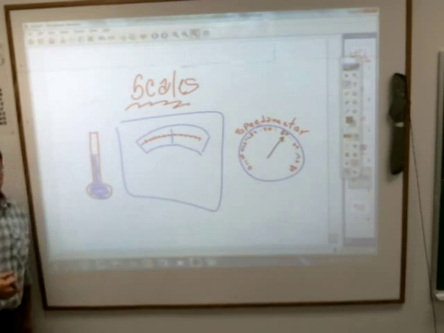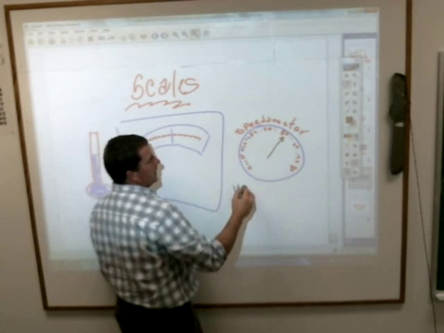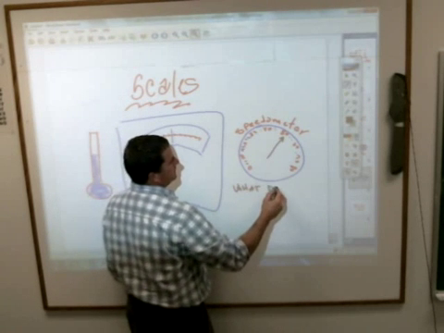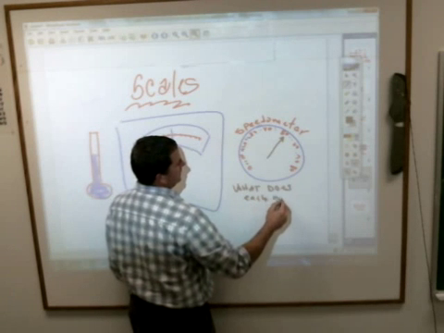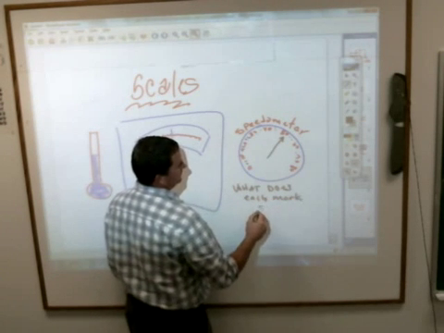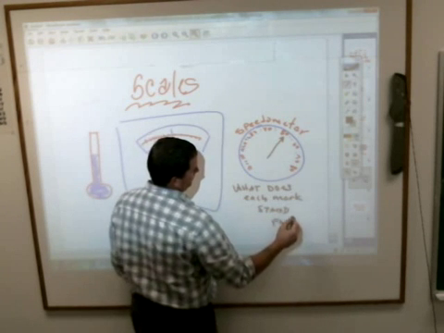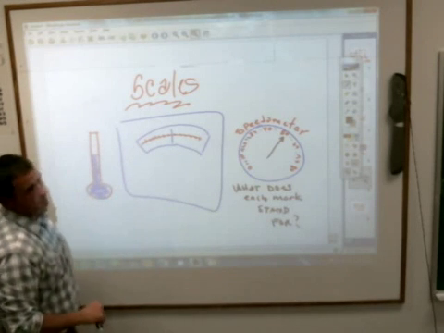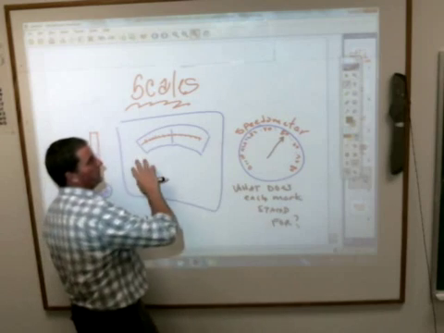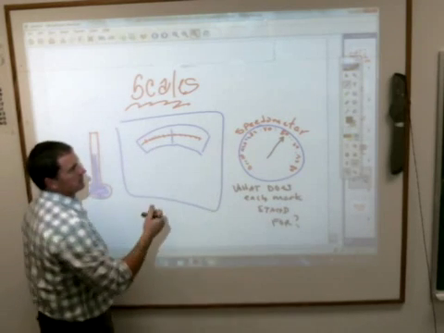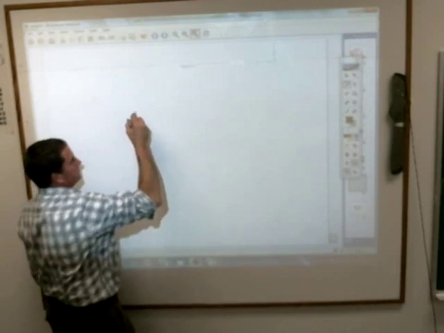When you look at scales, the first thing that should pop in your mind, I'll tell you, is you need to ask yourself, what does each mark stand for? In other words, you have to figure out what scale it is in, because sometimes marks differ.